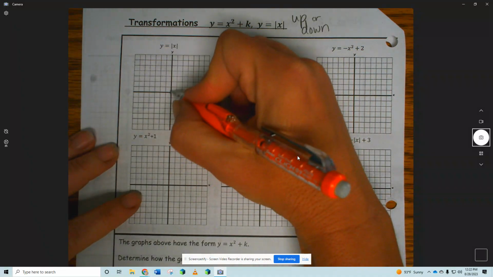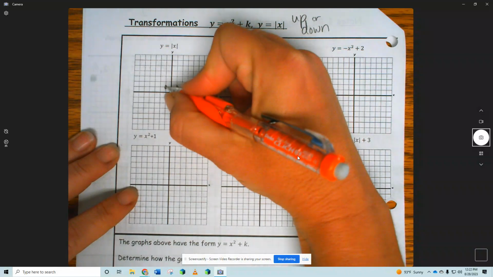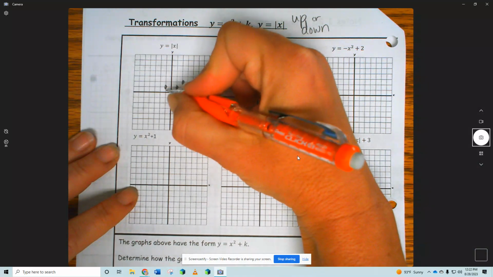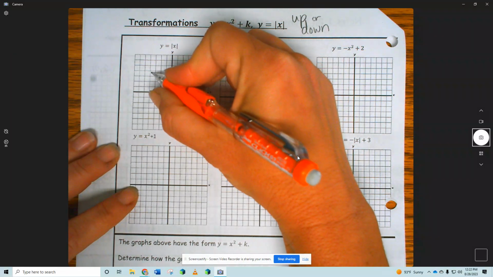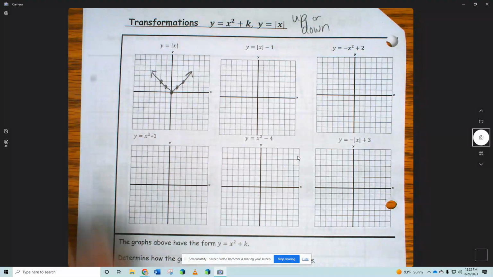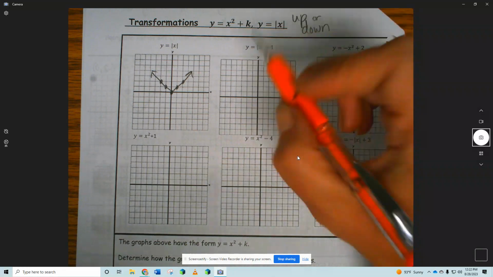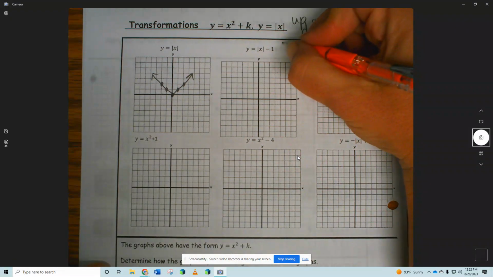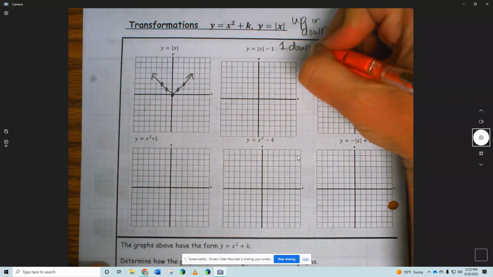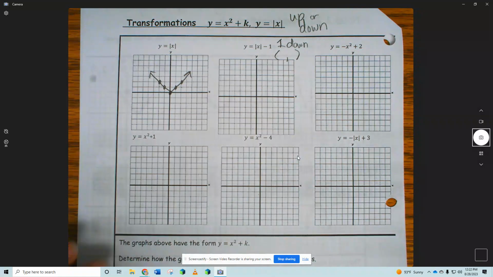Absolute value of x. First example here, you're just going like that. V shape. Parent function. What about a -1? What's that going to do? 1 down. And what's my vertex? 0, -1.